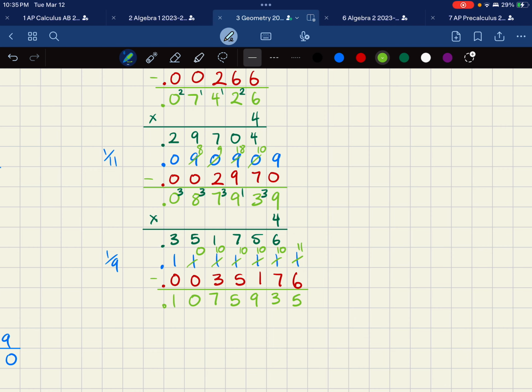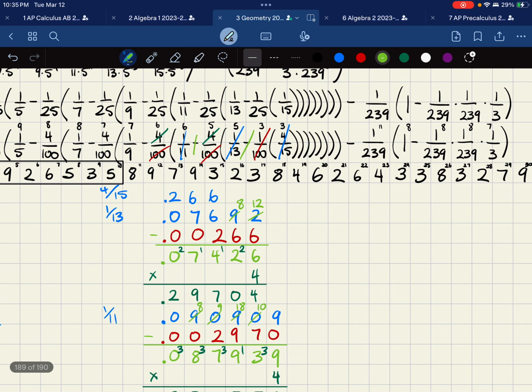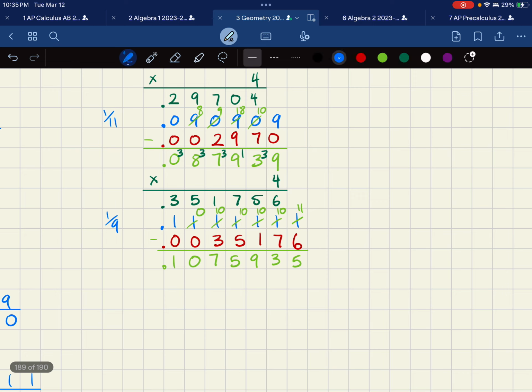Excellent. Just checking off on our list what we're supposed to do here. So we did the subtraction problem just right now. We found 1/9 using long division, and now the next step is to multiply by 4.